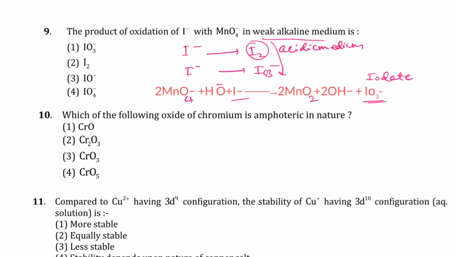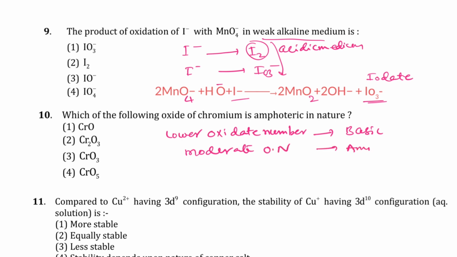In general, a lower oxidation state or oxidation number shows basic nature, a moderate oxidation number shows amphoteric nature, and a higher oxidation state or oxidation number shows acidic nature.